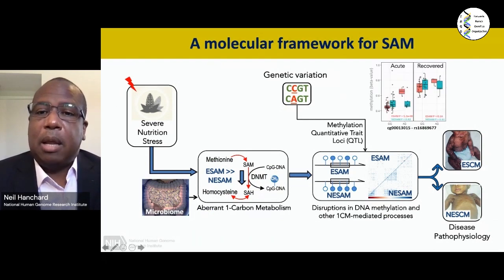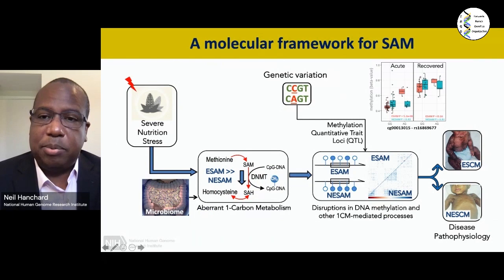So you see that illustrated here, where the degree of methylation in the edematous group is dependent upon the underlying genotype in the acutely ill state, but you don't see that same effect in the non-edematous acute or in the completely recovered group.